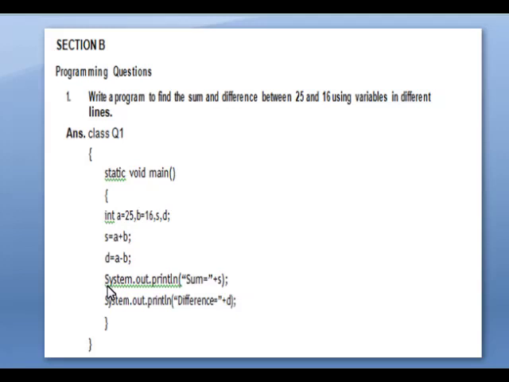Here system, the first letter S is capital, dot out, O is small letter, all the letters are small, then dot println, all the letters are small, there is no gap between the print and ln, no space between the print and ln. For accepting an input as well as to display the output, we are using the statement system.out.println.